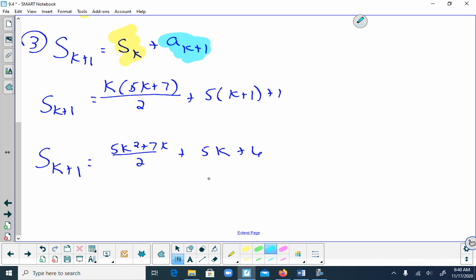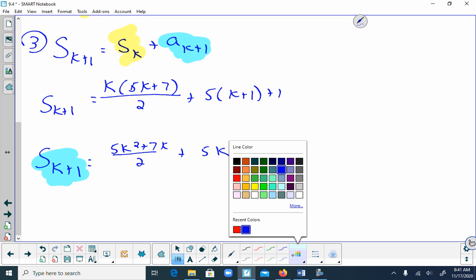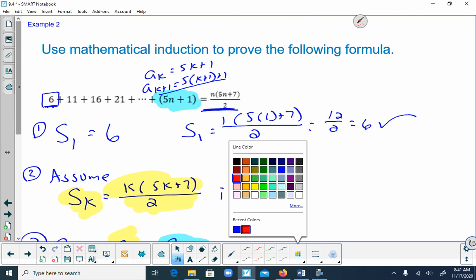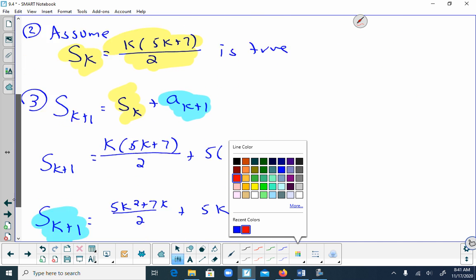I've substituted in the S of k and the k plus 1 to this side. Now I've got to do this, the S of k plus 1. So I'm going to go back up to my formula, and every place I see an n, I'm going to write k plus 1.